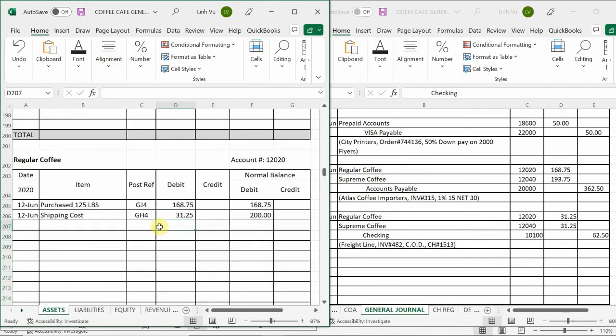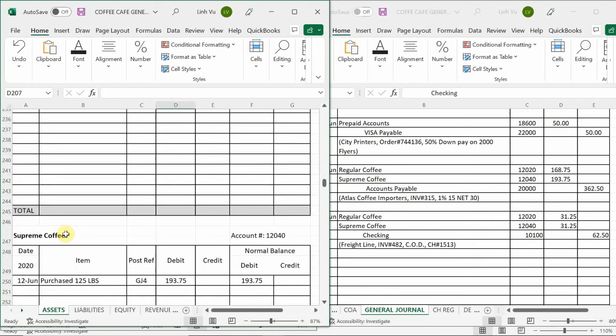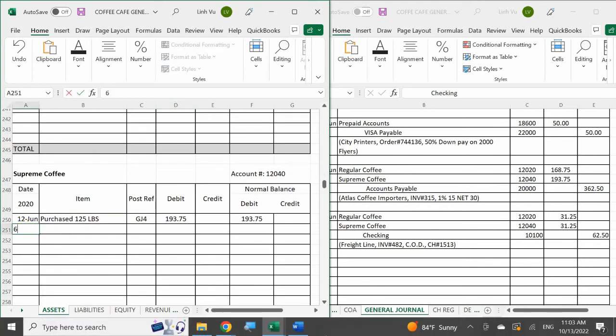Okay. And then I also need to update my Supreme coffee for shipping cost. Okay, which added another $31.25. So how much is my grand total for my Supreme coffee?